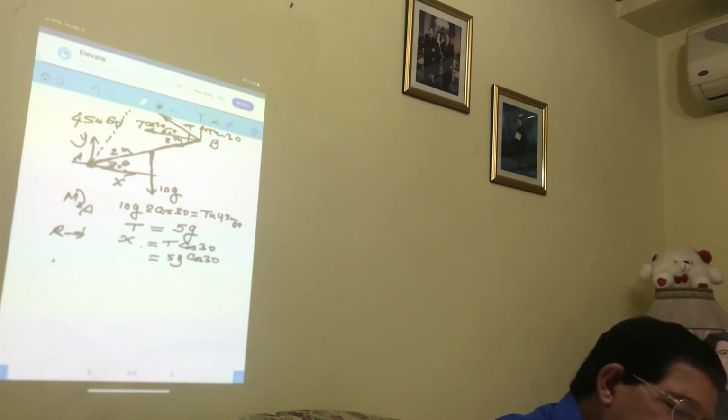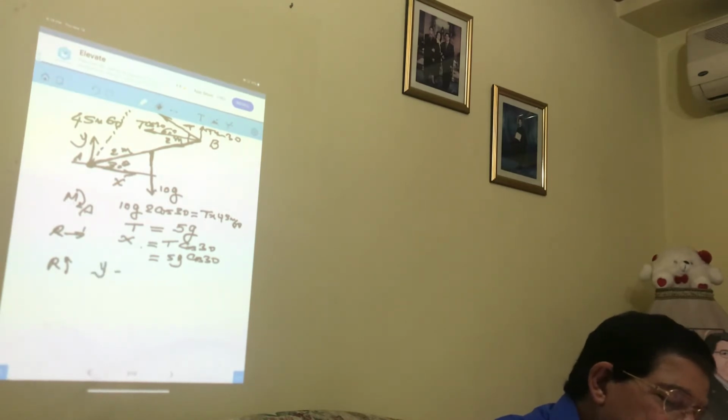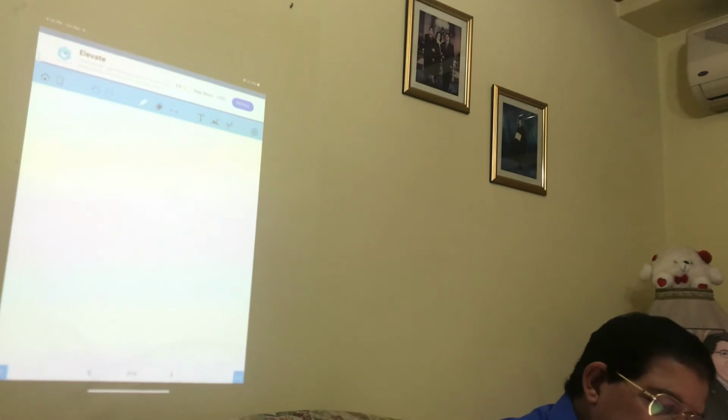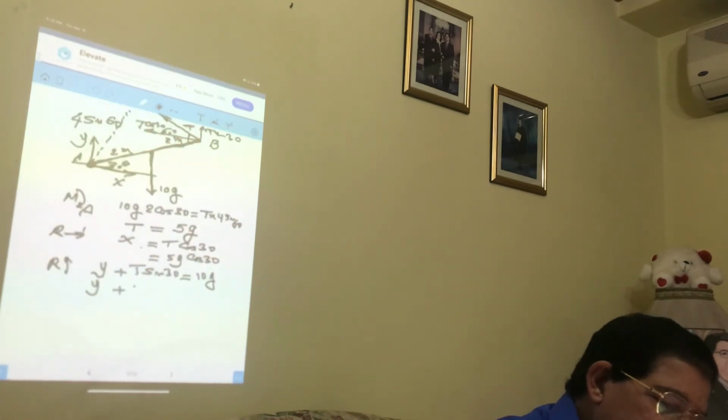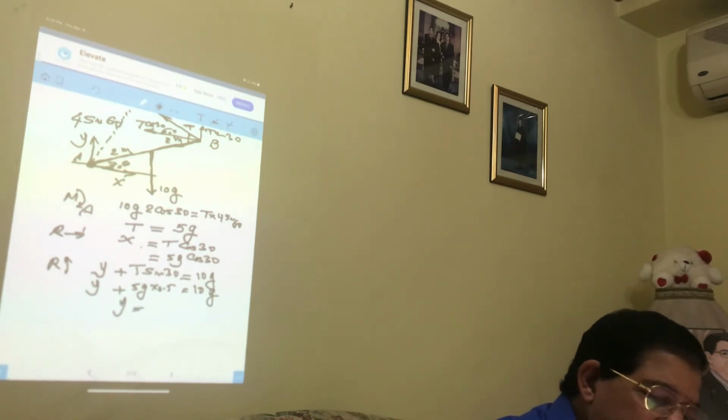Resolving vertically, Y plus T sine 30 equals 10g. Y plus 5g times sine 30, which is 0.5, equals 10g. Y equals 10g minus 2.5g, which is 7.5g.